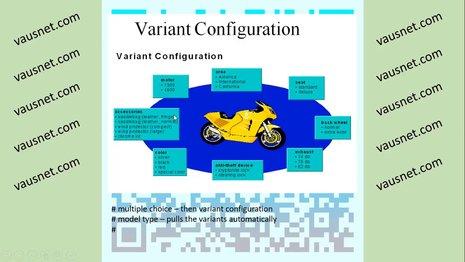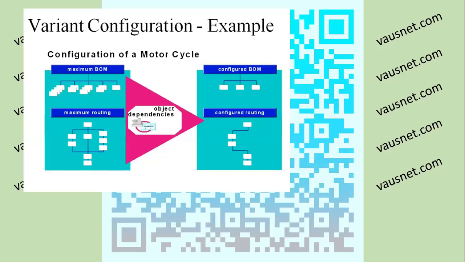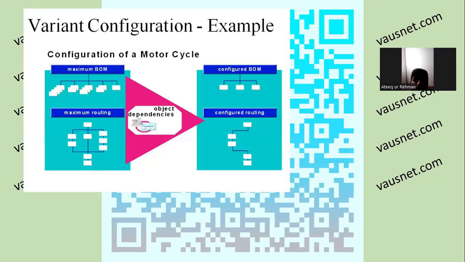You pick and choose each of these, and that will create a customized BOM. So that's how your custom made vehicles, automotive and motorbikes are actually created using the same pattern, where variant configuration is a very essential part of your buying process.